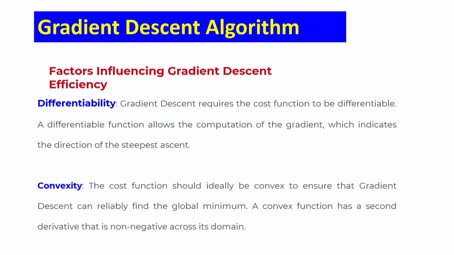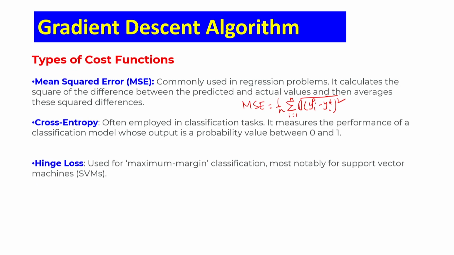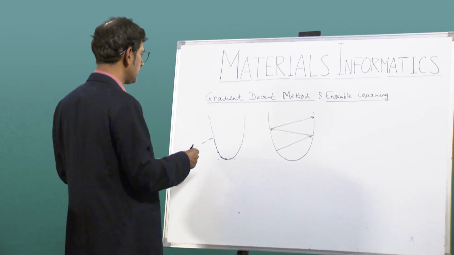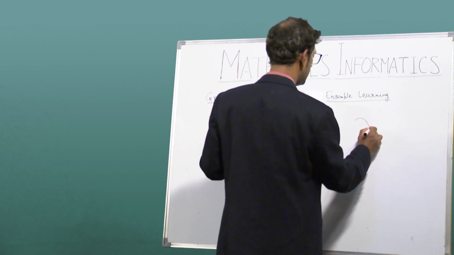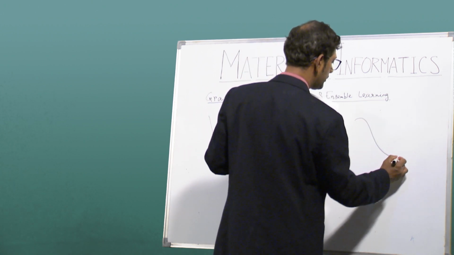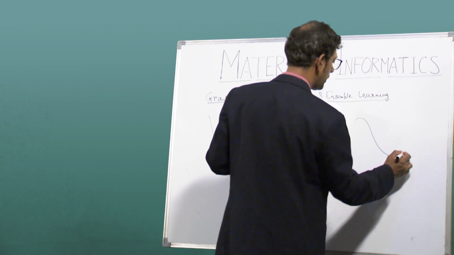Okay. Now, what are the factors actually? We will come back to this. Let me go back to the board and discuss the basic technique. First of all, let me also explain a few other aspects. As you can see, let us say you are going down the hill, this is your hill, and this is your minimum point or minimum loss point.